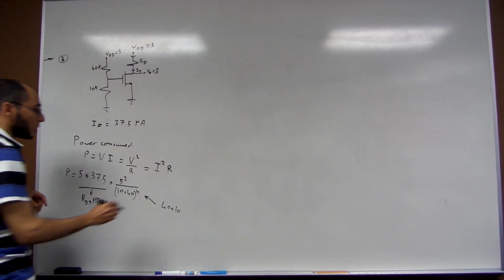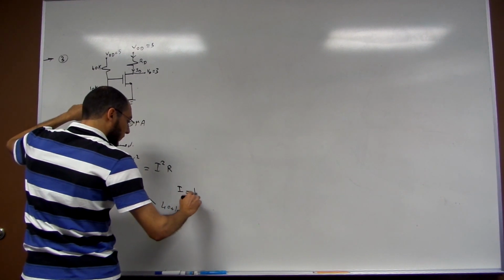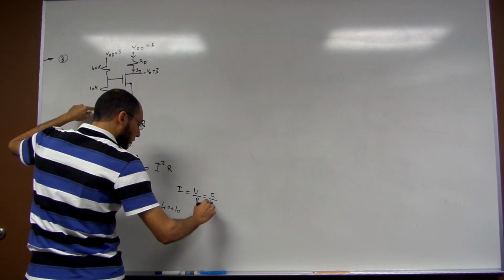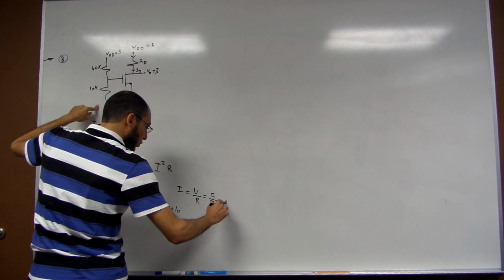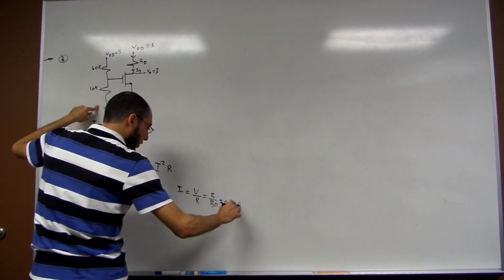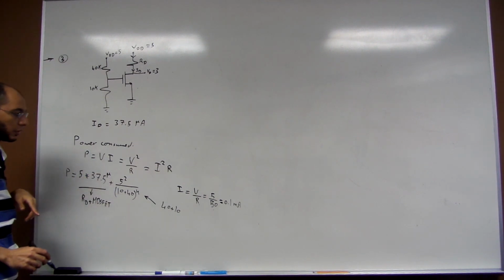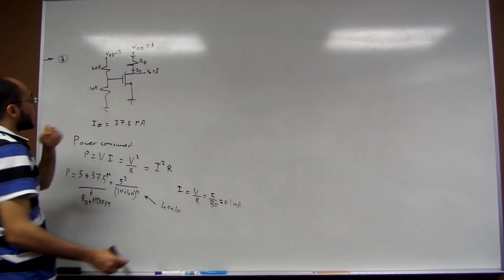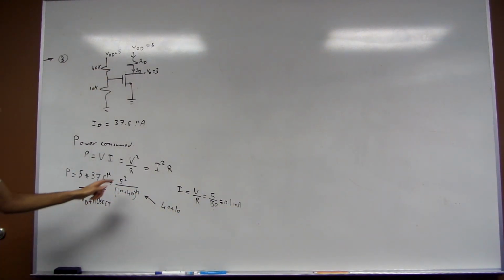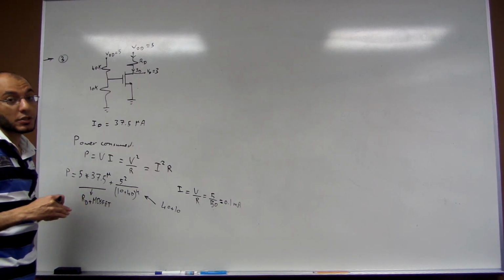If you want to calculate the current passing here, you can: I equals V over R, which is 5 over 50, which is 0.1 milliampere. And then multiply the current 0.1 by the 5. You can do this or you can calculate it this way. Okay, hope this helps, and if you have any questions, please let me know.